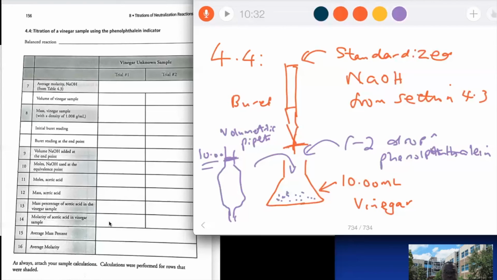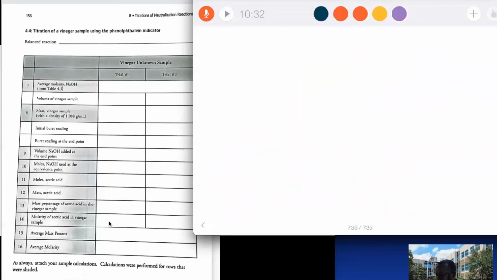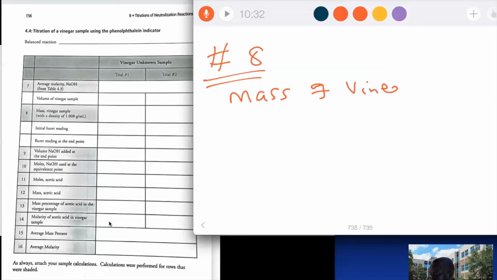Now for number 8, let's say we have performed the titration. The data is given in the PowerPoint slide. For number 8, you find the mass of vinegar solution. The reason you are given density here is so that you use the density equation.